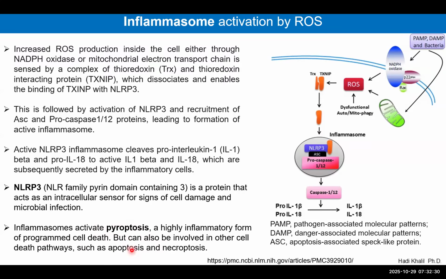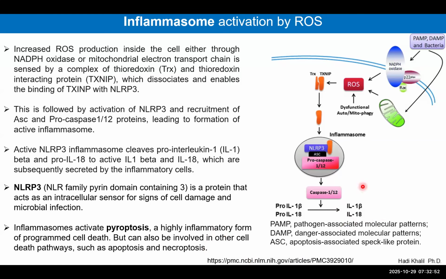It could also be associated with apoptosis, the programmed cell death, and necroptosis as well. So again, this is another example of how we are turning from a molecular aspect to a cellular aspect, and then a systemic aspect if you look at it.